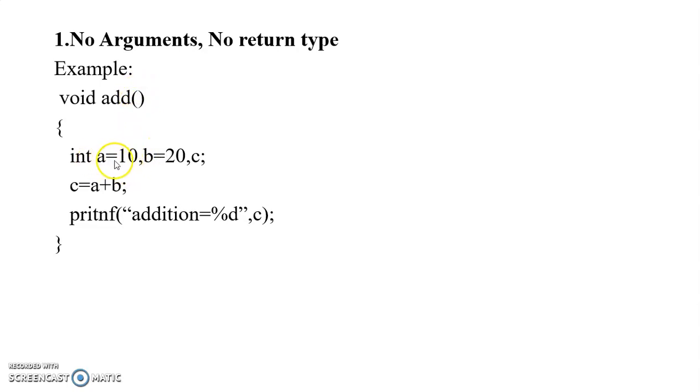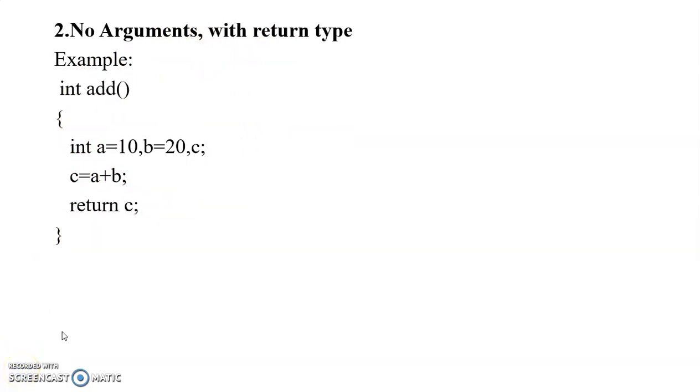I'm taking the a and b values as 10 and 20, and c is my output variable. After performing the addition operation, we need to print the c. Now this is an example for no argument, no return type. Next we'll see the next category.